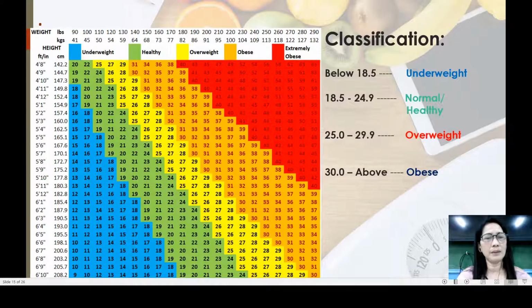Yun yung light green. And then the overweight, ang overweight po ay yung parang light orange. And then the obese is from 30.0 and above. Ayan po yung obese. And the rest, extremely obese na yan.